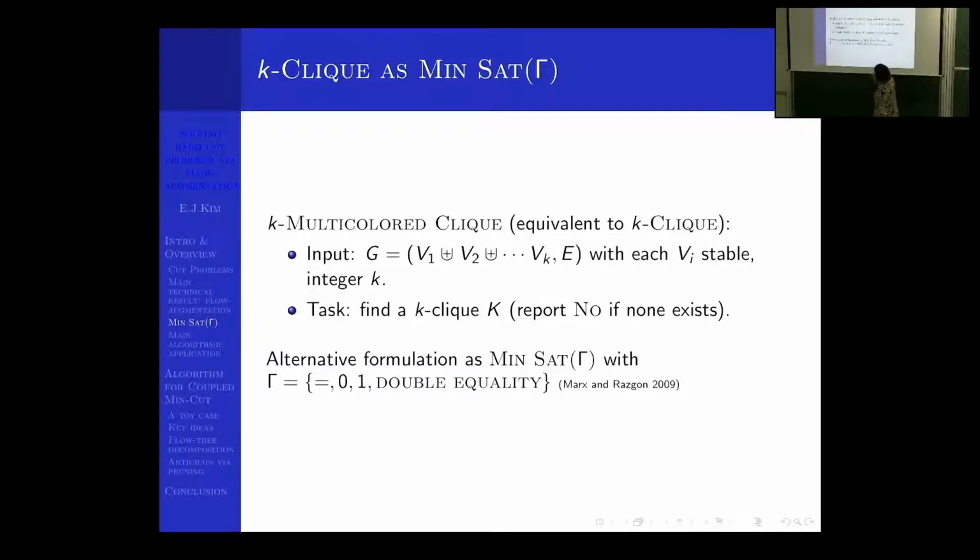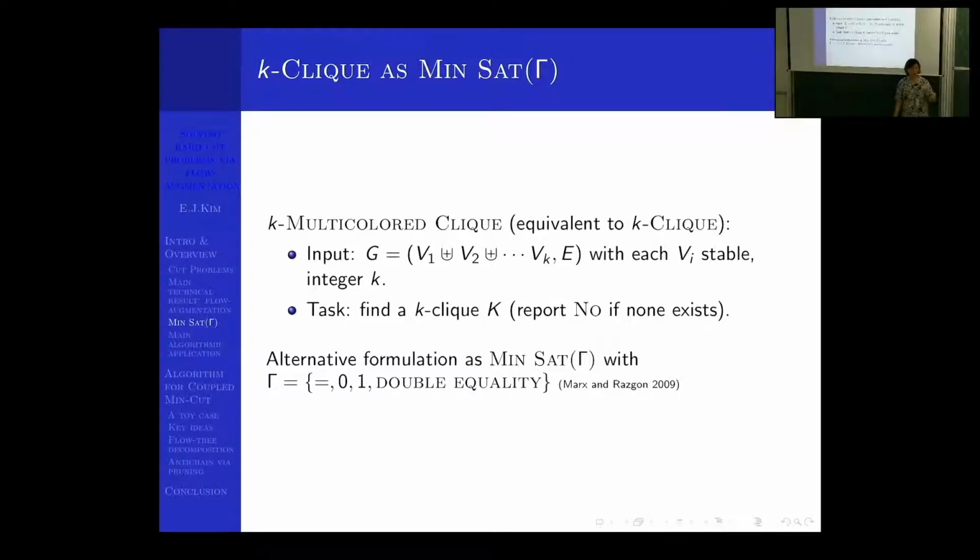So what is k-multicolored clique? You're given a graph, but now with a partition of the vertex set into k sets, and each vertex set is an independent set. There can be edges between different parts. The task is to find a k-clique, or decide that there is no k-clique.